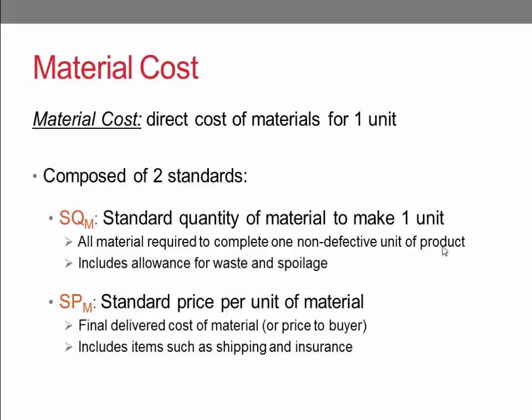That's composed of two standards: the standard quantity of material to make one good unit, including waste and spoilage allowances, and the standard price per unit of material, which is the final delivered cost of the material, including shipping and insurance and all of the travel prices. The goal is to take that standard quantity and standard price and determine how much one unit is going to cost in terms of materials.